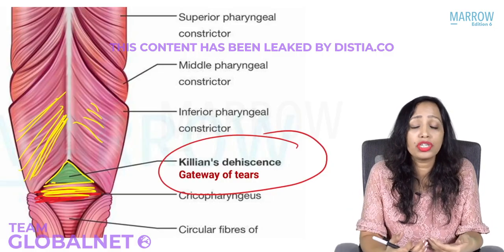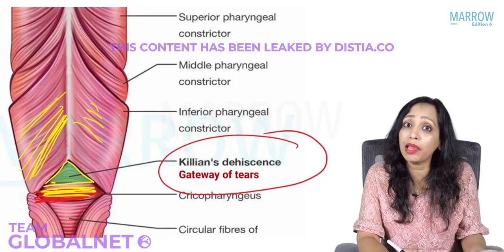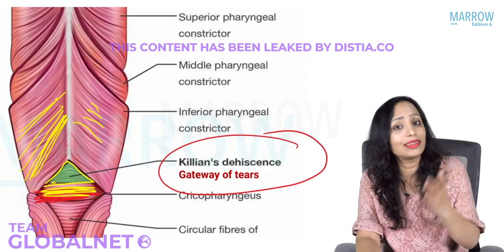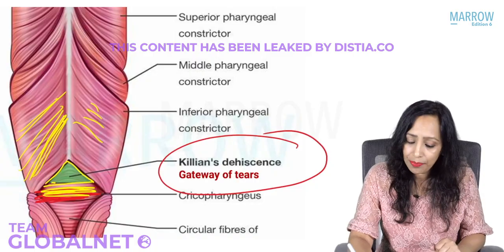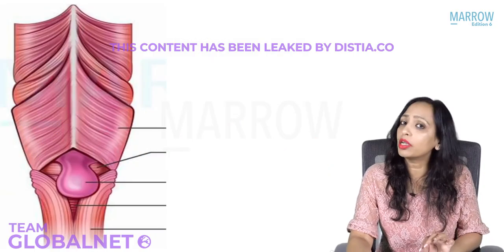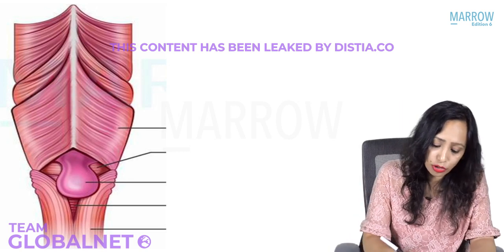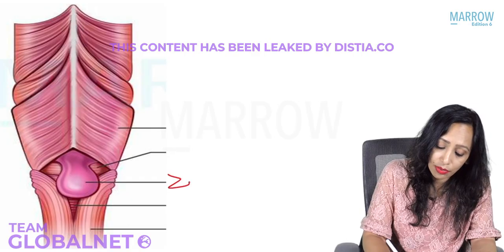Just above the cricopharyngeal sphincter, we have an area where it can very easily outpouch. Why? Because there is a gap there. That gap is Killian's dehiscence, also known as the gateway of tears. This is a posterior gap, which means that the pouch that rises from here will be a posterior pouch. Yes or no? Yes. This pouch is what is known as Zenker's diverticulum.